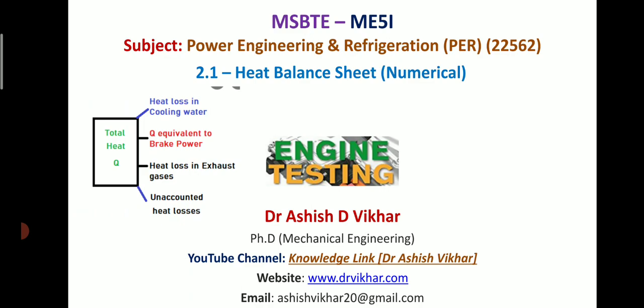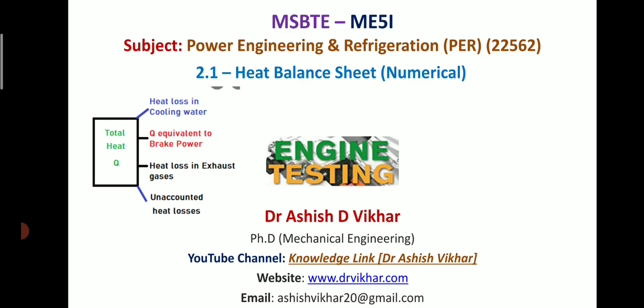As you can see in this picture, we need heat in the form of energy to run the internal combustion engine, and this total heat provided, Q, is used in various ways. This heat is sometimes lost in cooling water.